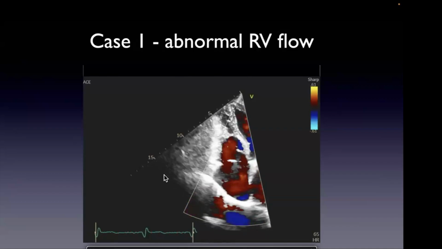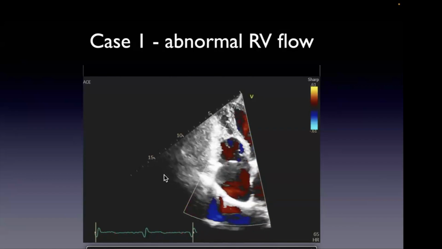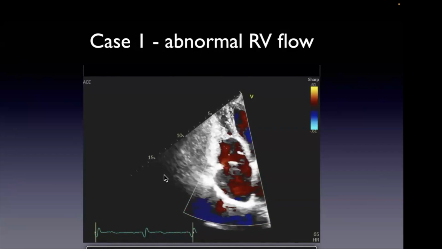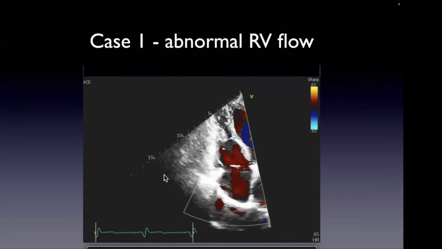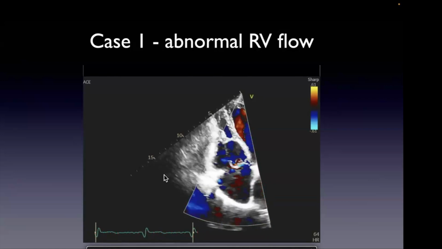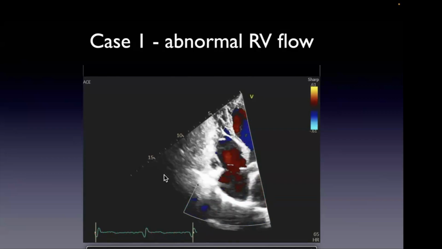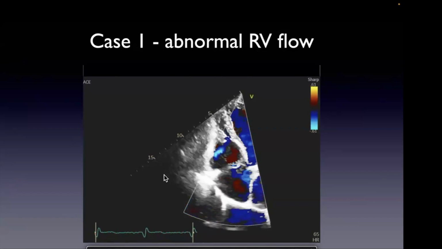Priya. An anomalous vessel into the RV? Yeah, or any cardiac chamber. I was going to say an anomalous SVC, but that would be more RA. Yeah, exactly, like a left SVC. What else? Come on.